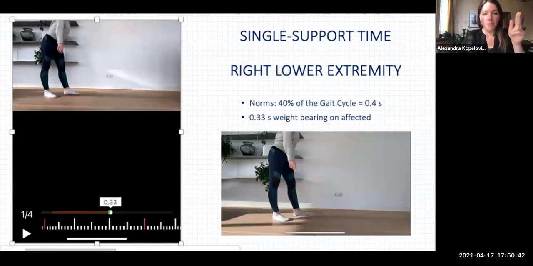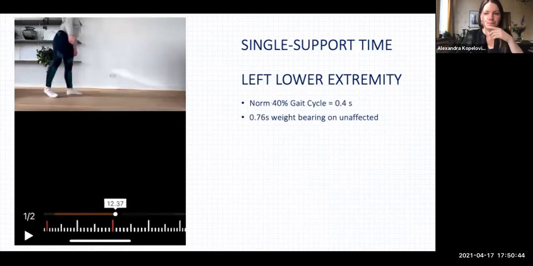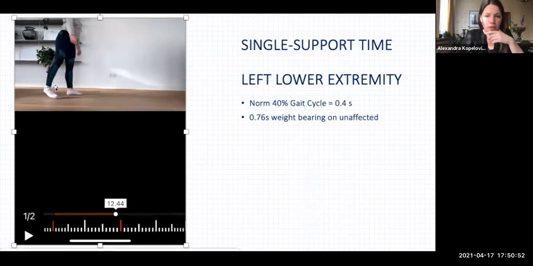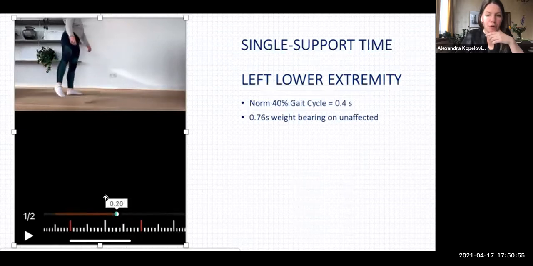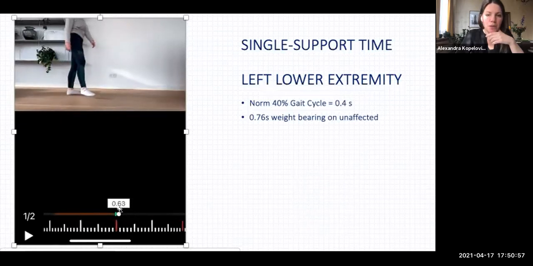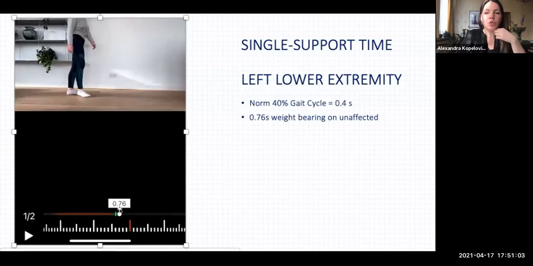Let's examine and compare it to the left lower extremity. Once again, the norm is the same, 0.4 seconds for both lower extremities. Let's begin calculation. We begin once the right foot leaves the ground, so that's our 0 point. And we stop the timer once the right foot slightly touches the ground, and it's 0.76 seconds.